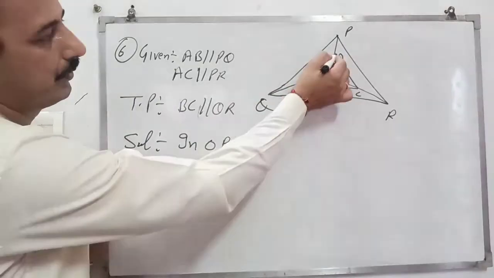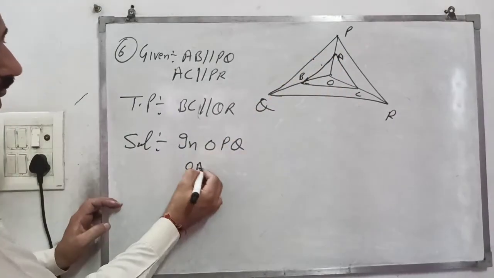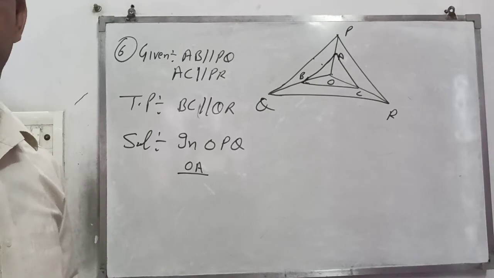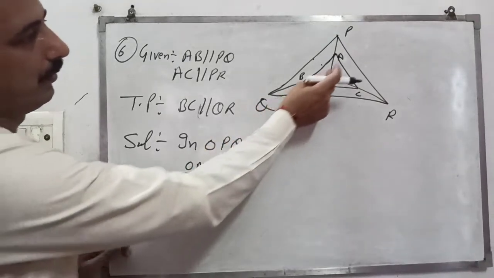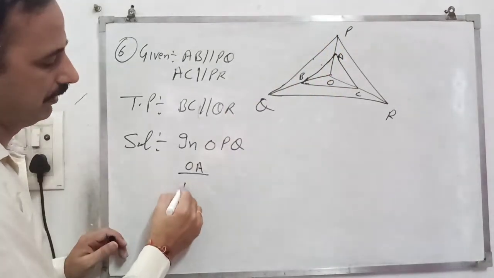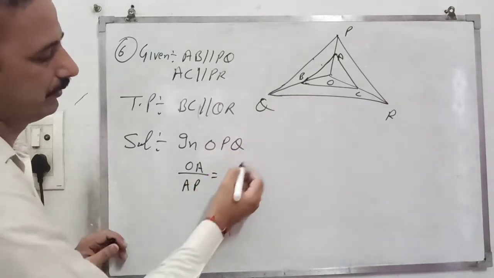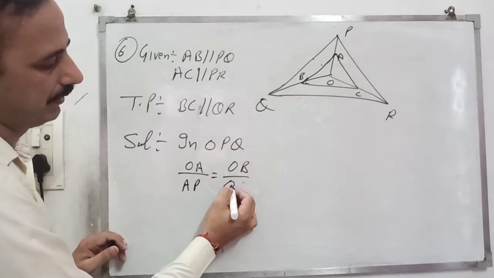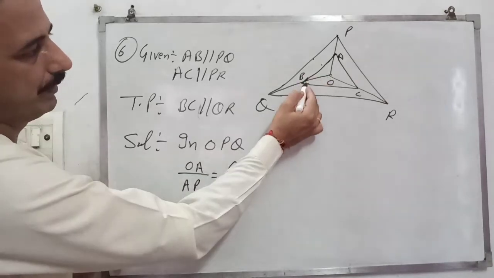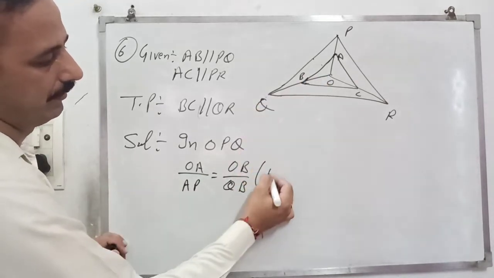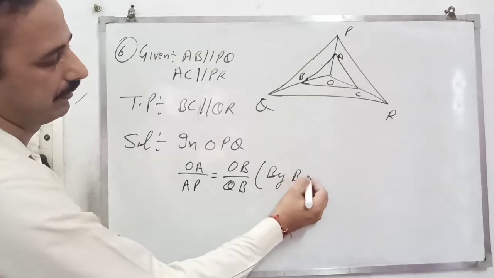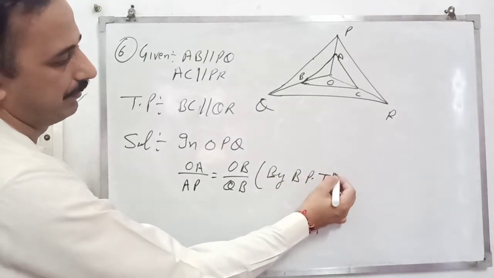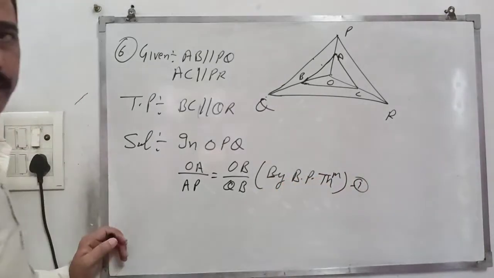So OA upon AP is equal to OB upon BQ, right? By BPT, basic proportionality theorem. So make it one.